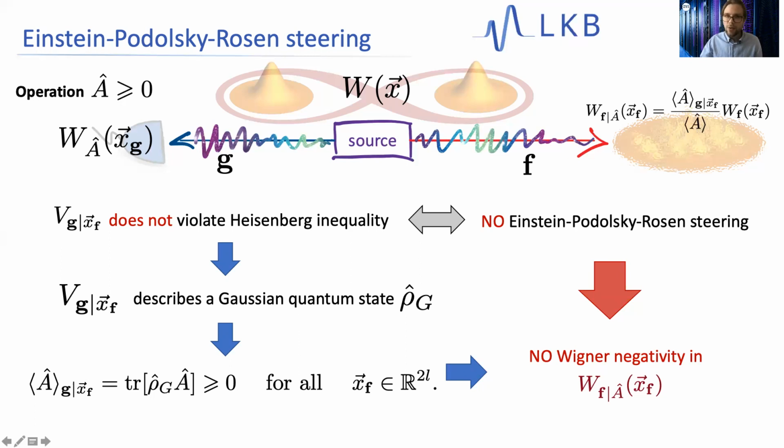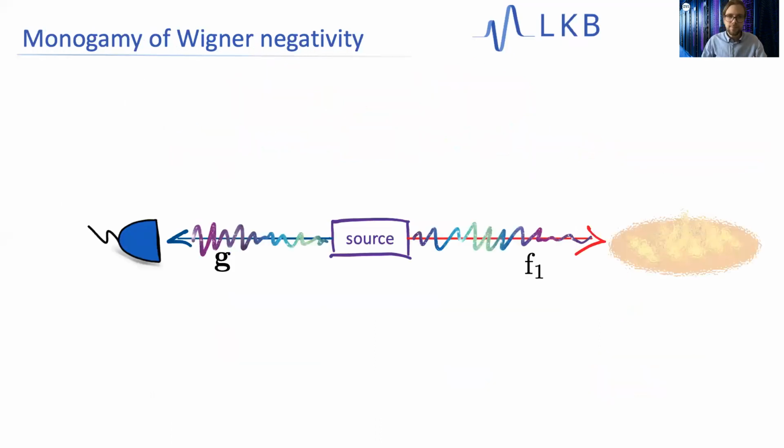And on top, it also puts strong constraints on how we can distribute Wigner negativity, because there is a thing called monogamy.